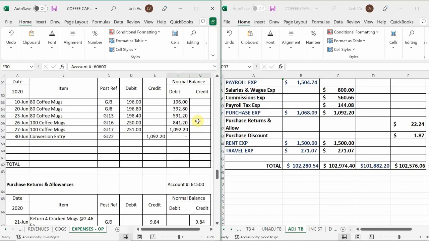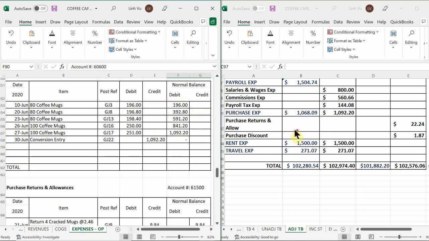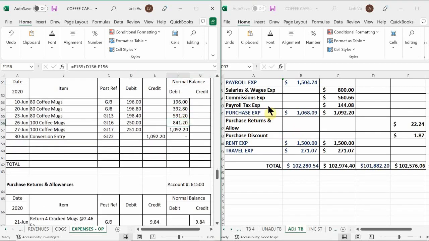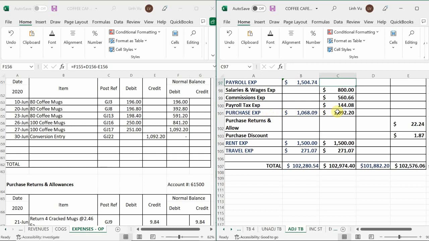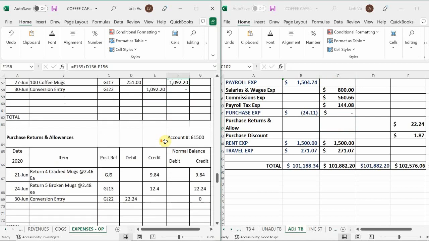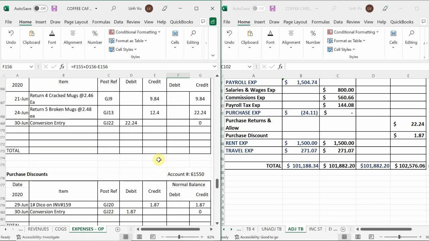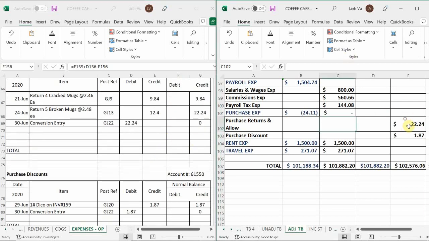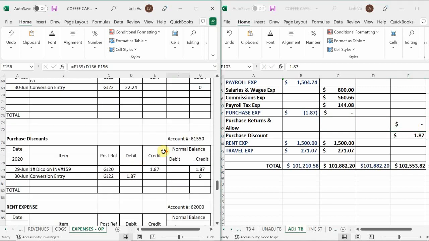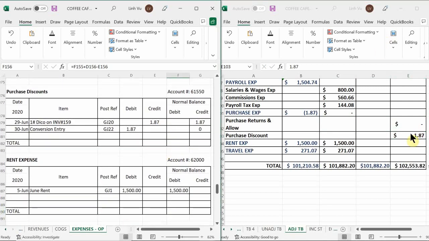Next section is going to be my purchase expense. Here, because we did our periodic inventory conversion, I zeroed out my purchase expense. Okay. And that also included zeroing out my returns and allowances, as well as my purchase discounts was also zeroed out.